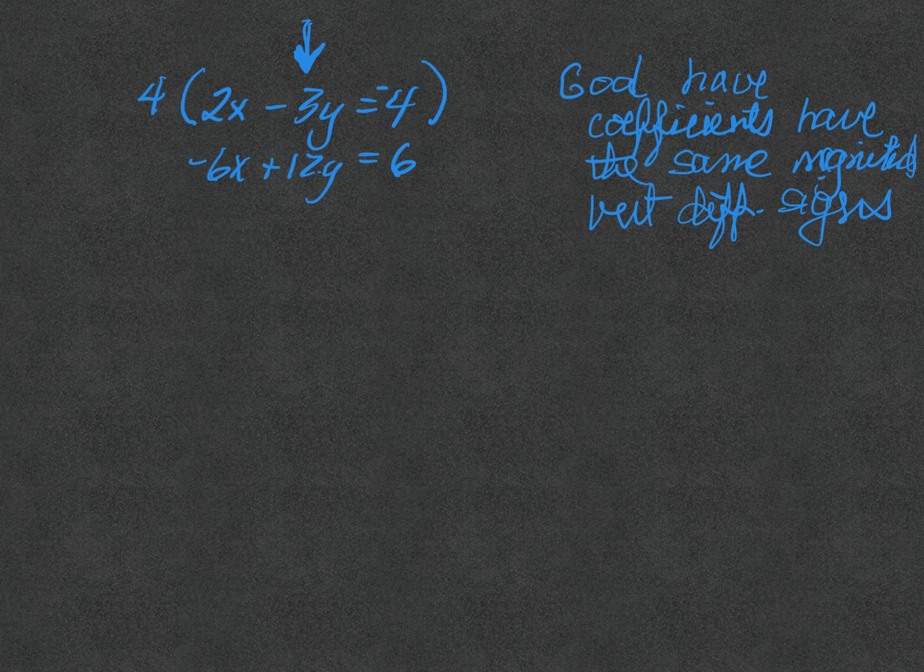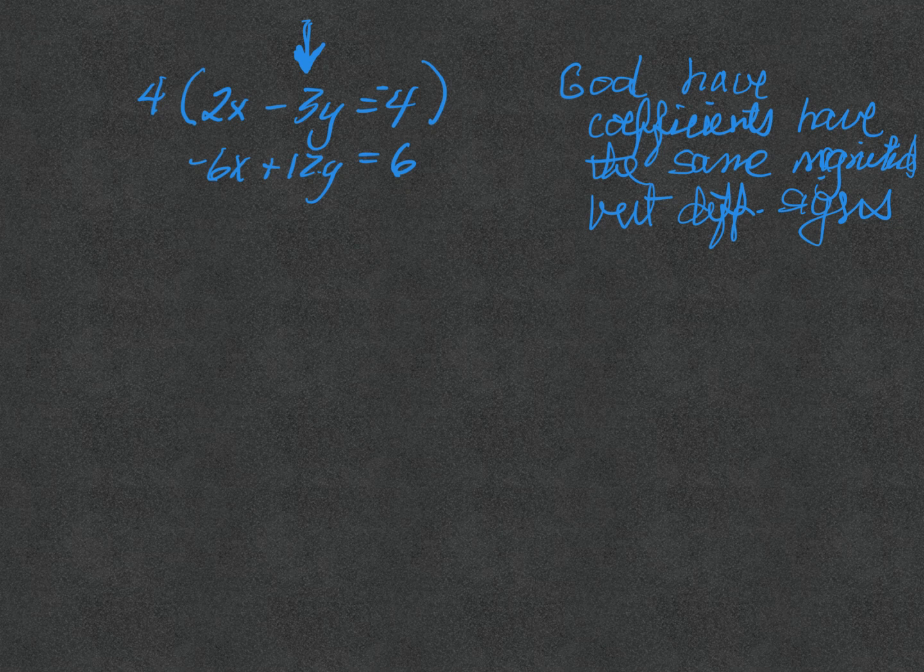That's the goal. And basically you look for least common multiples. And so since this is a negative 3y, and this is a positive 12y, I already have opposite signs. So if I multiply this equation by 4, then I'll get a negative 12y and I can eliminate.